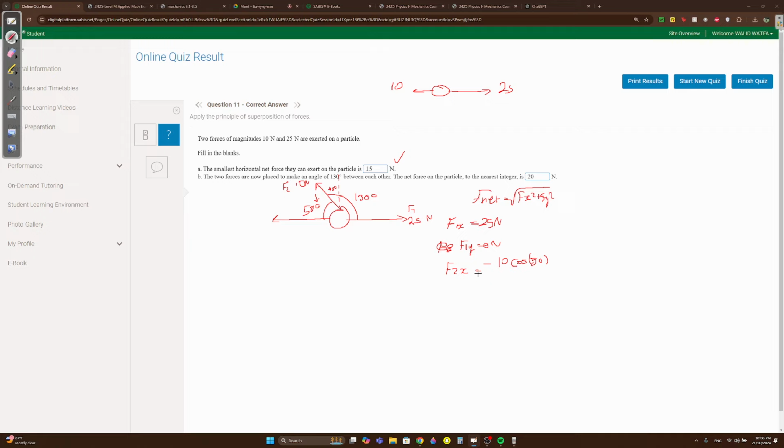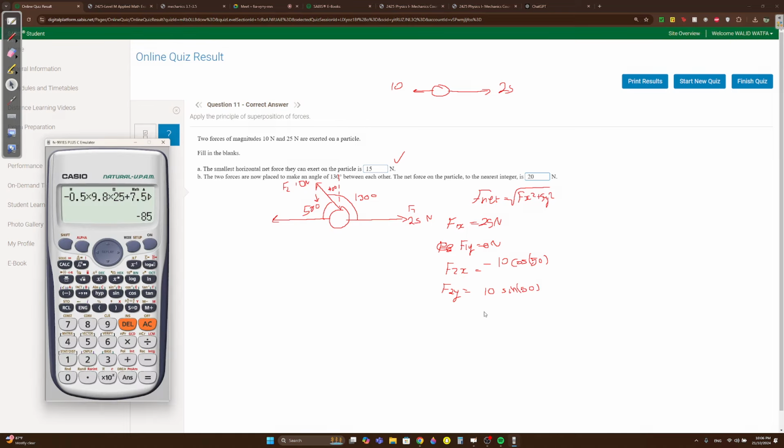f2y however is going up so it's going to stay positive, and its force is 10 and its angle is 50. Now you take your calculator. f1x plus f2x, so 25 minus 10 cosine 50. You get 18.6.